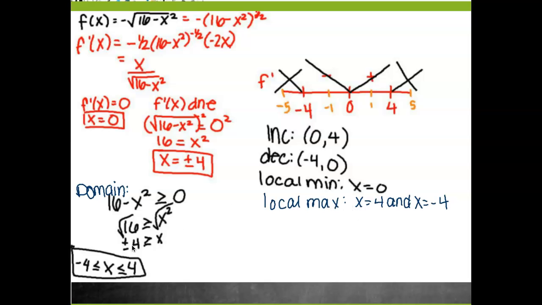Now, because this graph has a restricted closed domain, EVT applies to this problem, and we would actually see that these local mins and local maxes are actually absolute mins and absolute maxes. So because of the closed domain on this function, these are actually absolutes.